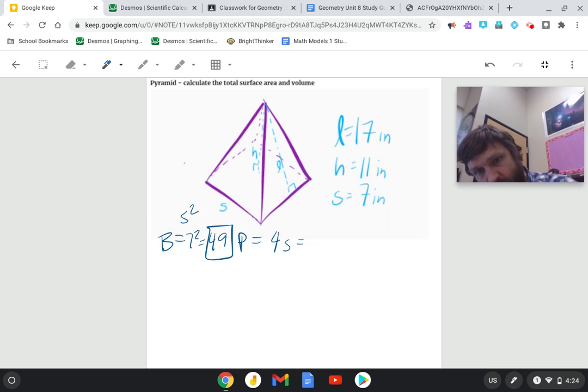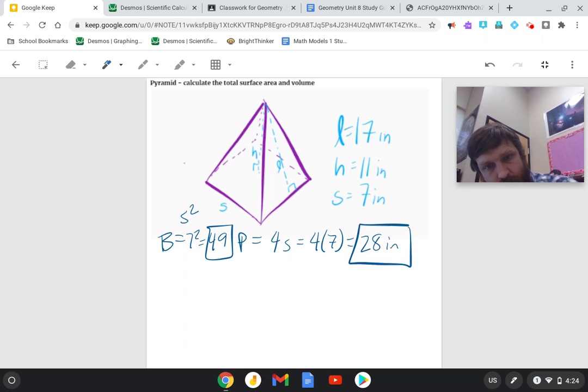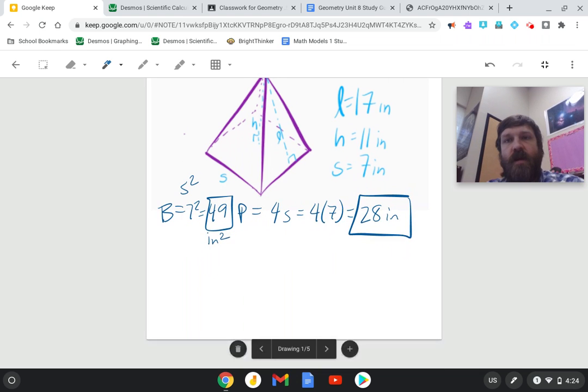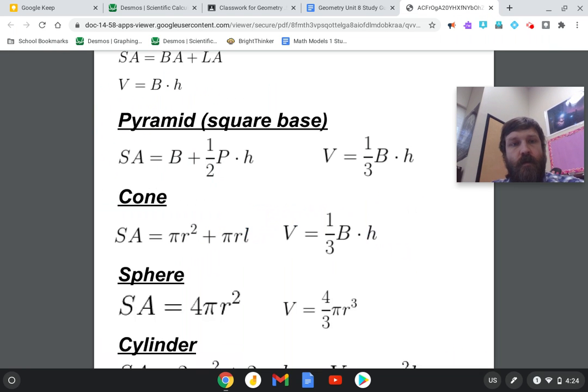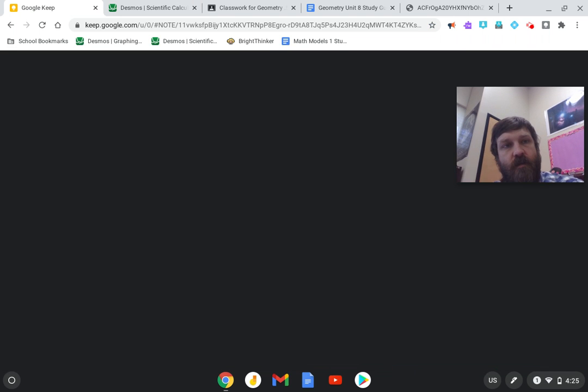That's going to be 4 times 7, which is 28 inches. So now we'll jump right in and do our formula for the surface area, base plus 1/2 perimeter times height.